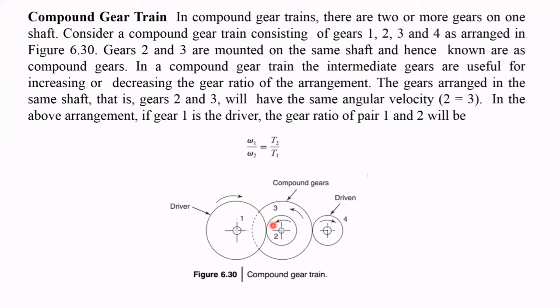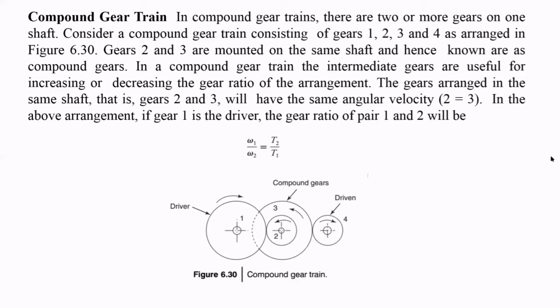The power is transmitted from the driver gear to gear 2, and from gear 3 to gear 4, with gear 3 mounted on the same shaft as gear 2. Such an arrangement is called a compound gear train.